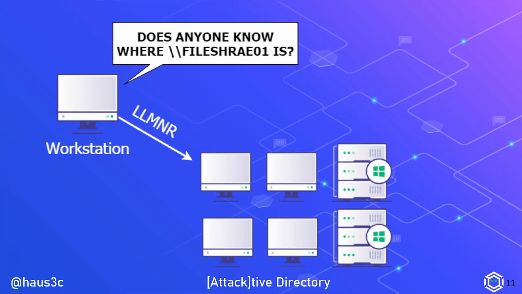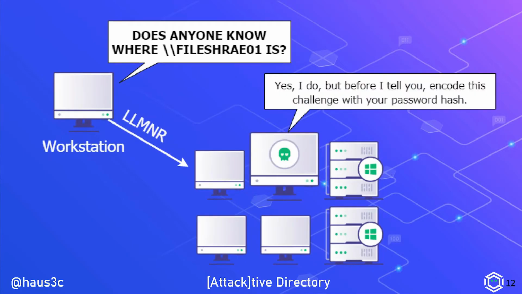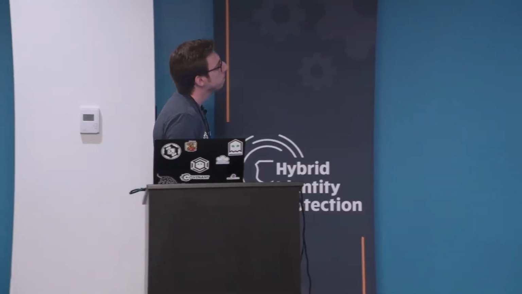And what an attacker would do is they would listen for this, accept the request and respond with, yes, I know where this is. However, in order for me to tell you this, you have to encode this challenge with your password hash. And then they get the password hash back, and they can decrypt it that way.